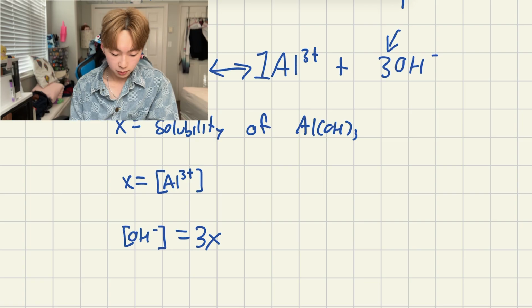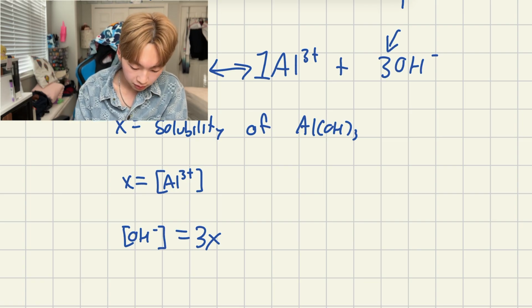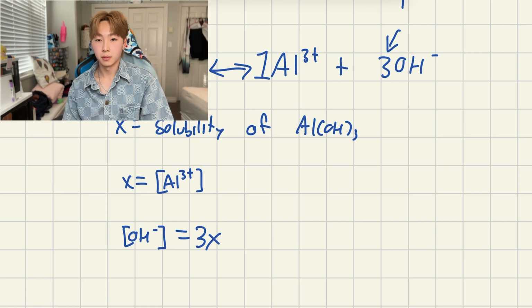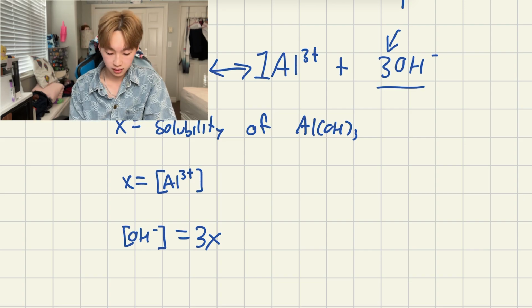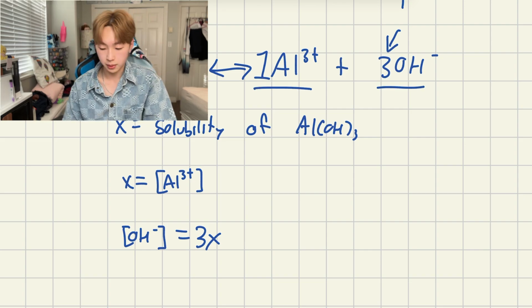In other words, whenever your Al(OH)3 dissolves, what results is always 3 parts hydroxide and 1 part aluminum.